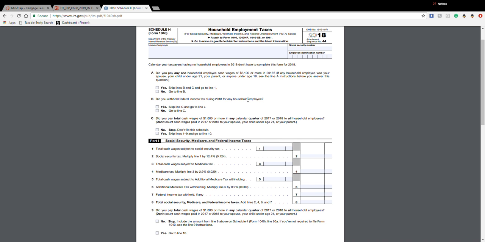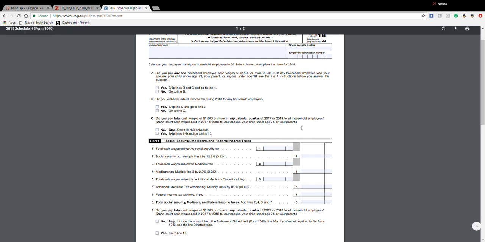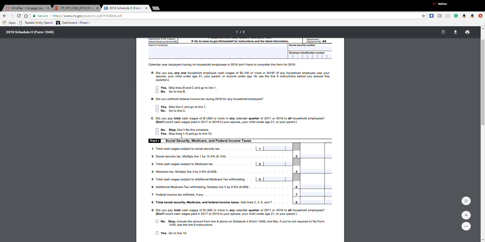Did you withhold federal income tax? Hopefully you did. If no, you're going to end up paying. Did you pay total cash wages of $1,000 or more in any calendar quarter of 17 and 18 to all household employees? If no, stop, don't file. Again, that's if you paid cash wages. If yes, skip lines 1 through 9, you go to line 10 because you made it to C. If you said no and no, okay.